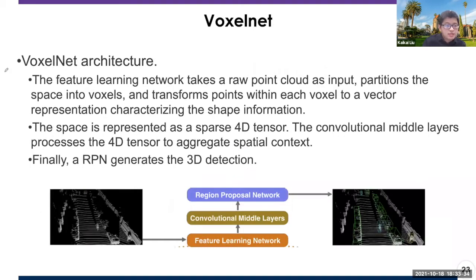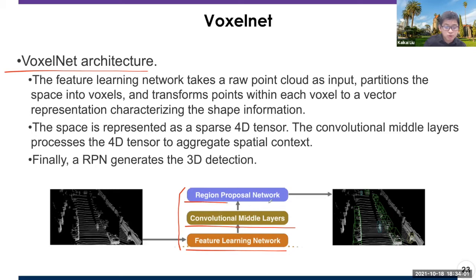The VoxelNet architecture has 3 components, and these 3 components are also the foundation for modern LiDAR-based detectors. Almost all recent LiDAR-based detectors are based on this architecture. The first one is the feature learning network, to get the feature representation from the LiDAR point cloud. Then they have the convolution backbone, the convolution middle layer.